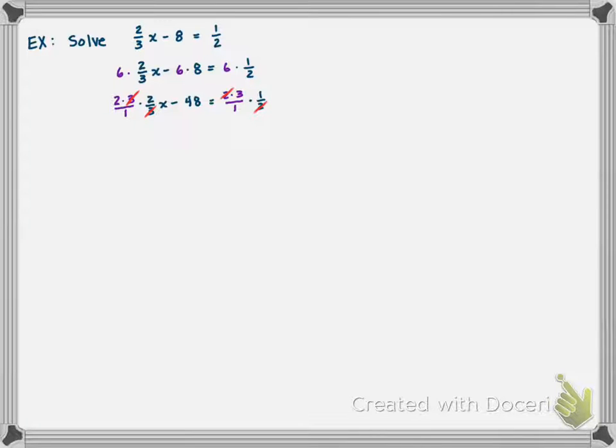So we end up with 2 times 2x minus 48 equals 3 times 1. So that gives us 4x minus 48 equals 3. And this is going to turn out really nasty because I just made up numbers, but 51. So x equals 51 over 4.